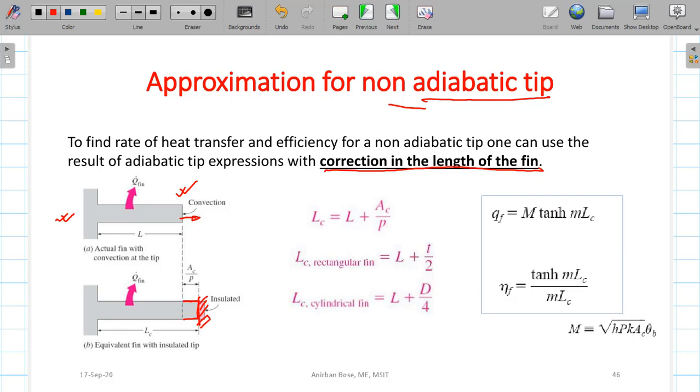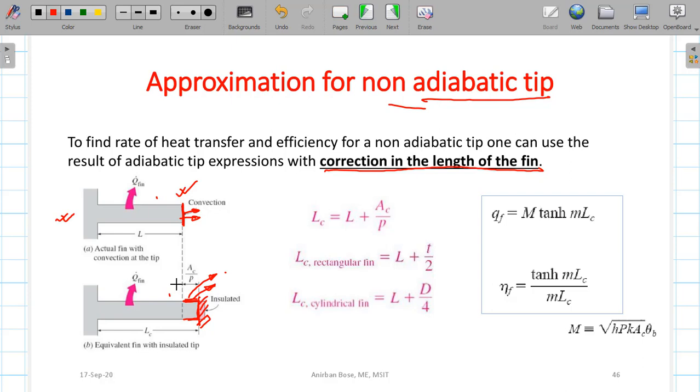Why have you increased this part? Because if you increase this part, definitely some amount of heat will be transferred through convection from that length, and if the heat convection from that length is exactly the same as the convection taking place from the tip surface, then these two situations will be equivalent.